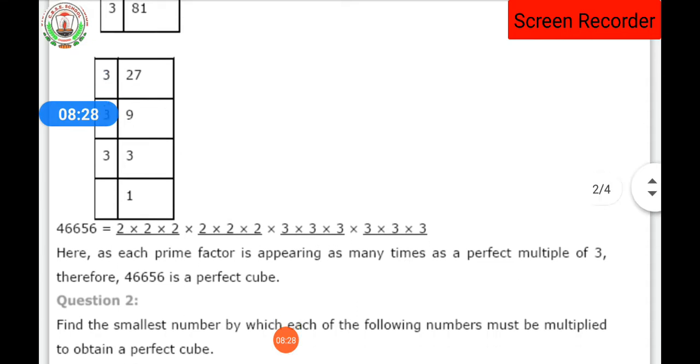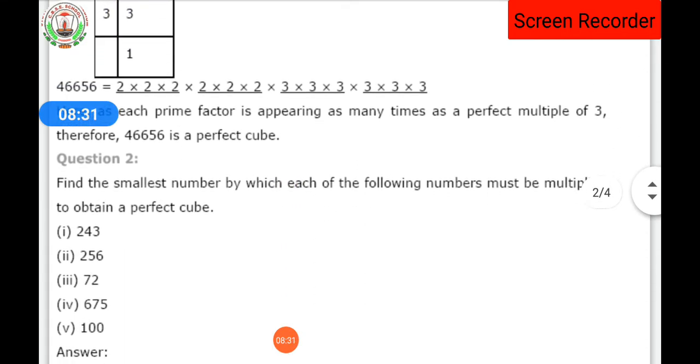Clear to everyone? Now moving toward question number 2: find the smallest number by which each of the following numbers must be multiplied to obtain a perfect cube.